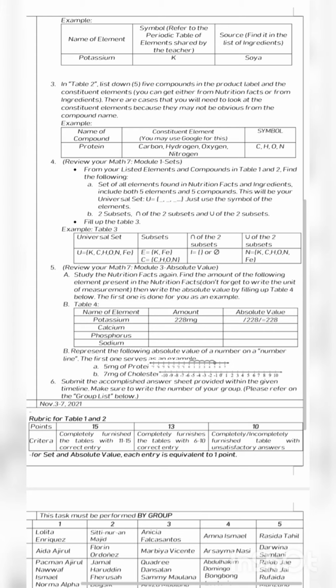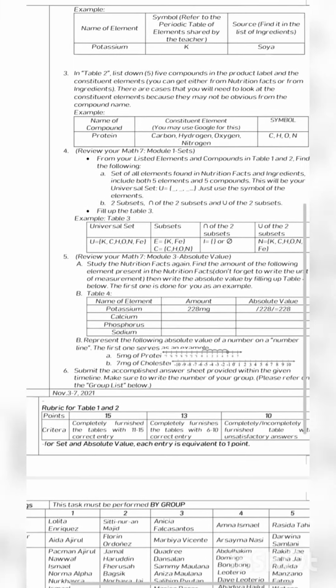So next, submit the accomplished answer sheet provided within the given timeline. Make sure to write the number of your group. So please, do not forget the group number. Please refer to the group list below.